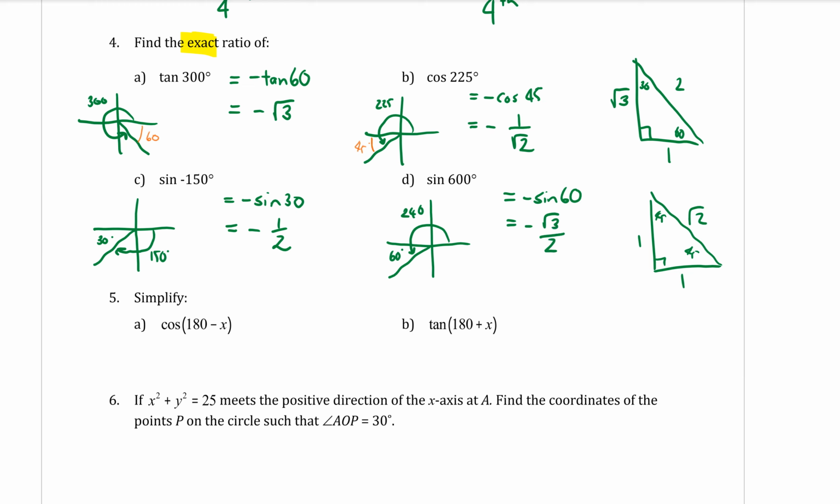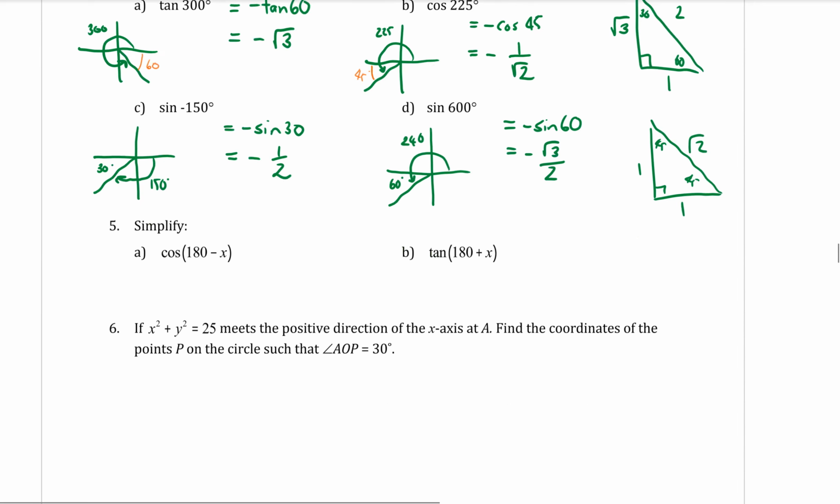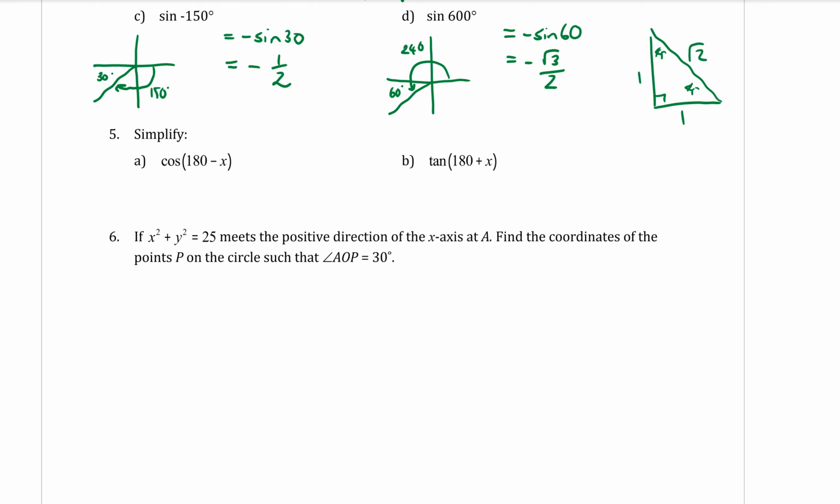Question 5. Cos of 180 minus x. Now, normally we would have a theta, but x is behaving just like theta. That means we're doing cos of something in the 180 minus theta quadrant, somewhere in that second quadrant.